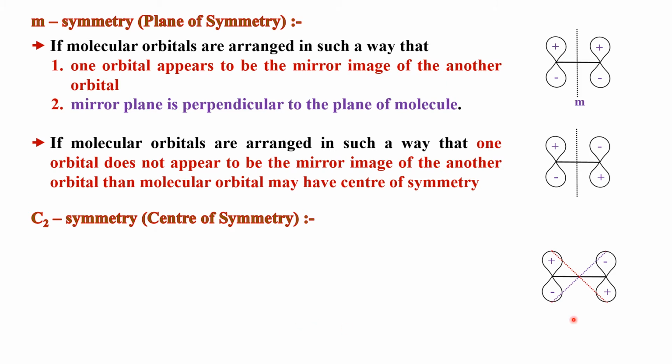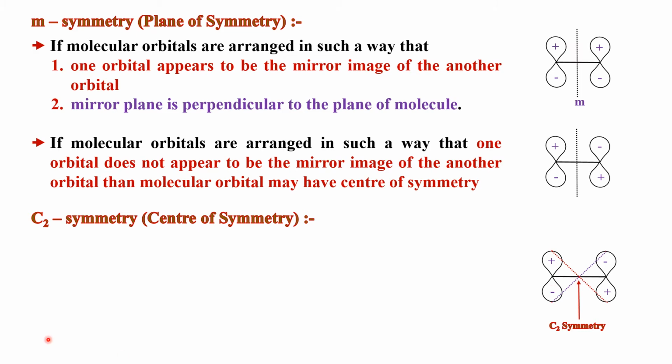Now, there is a point of intersection. Both the lines are crossing in the center of the line of plane. This is called C2 symmetry, center of symmetry.